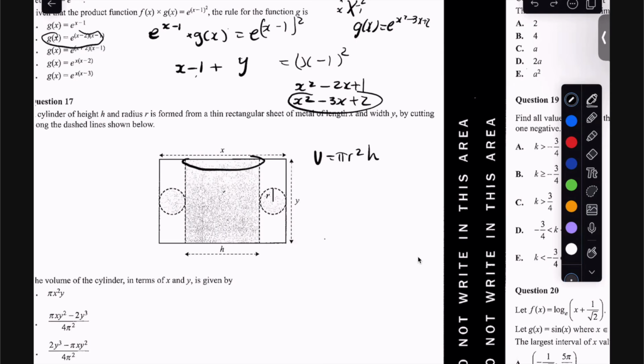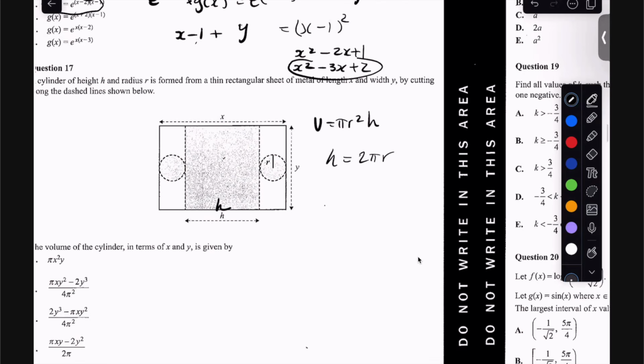This circumference, or the length of this, is going to be your circumference. So in other words, h is equal to 2 pi r. That's our first equation. So the volume is equal to pi r squared and then 2 pi r.